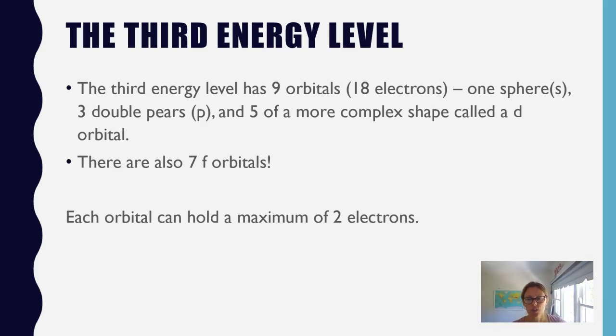Again, the 3s, the sphere, it'll have 3 of the p orbitals, similar to what we just saw before, but now it's got 5 d orbitals as well. So a lot more complex. And then when we go into the next one, we can even have up to 7 f orbitals. That's quite tricky, with each orbital holding a maximum of 2 electrons.